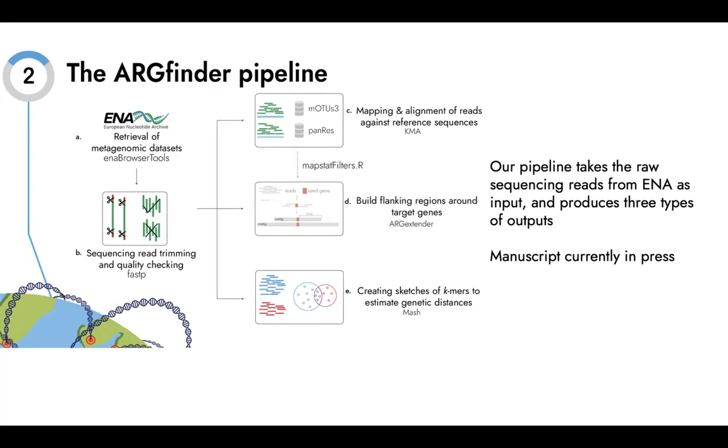We're looking at the mapping and alignment of reads against reference sequence databases. We are building targeted assemblies around antimicrobial resistance genes with our ARC extender tool, and then we're also trying to create regional representations by producing mash sketches. This is currently in press. We are trying to put the pipeline out there.